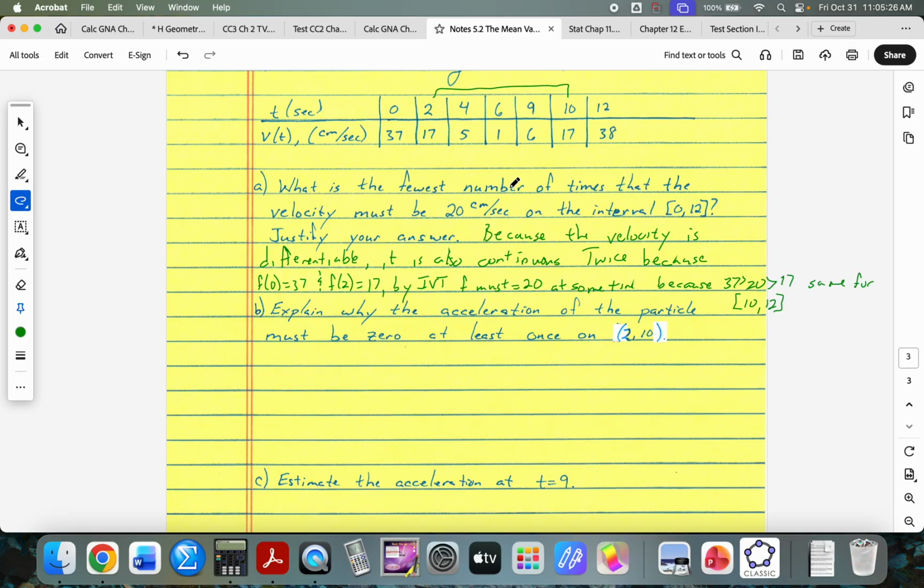What do you notice about the velocity at both of those ends? It's the same, which means that the average rate of change of the velocity is going to be what? 0.